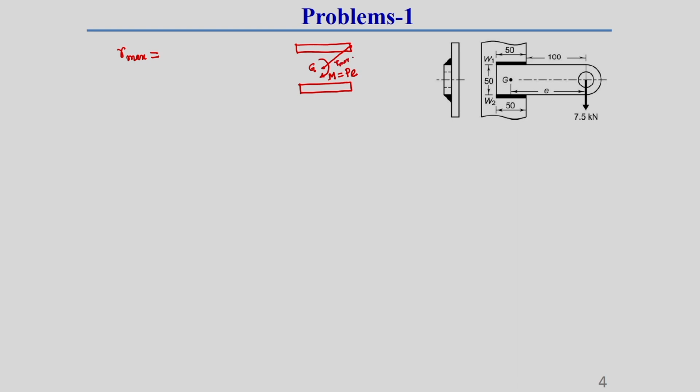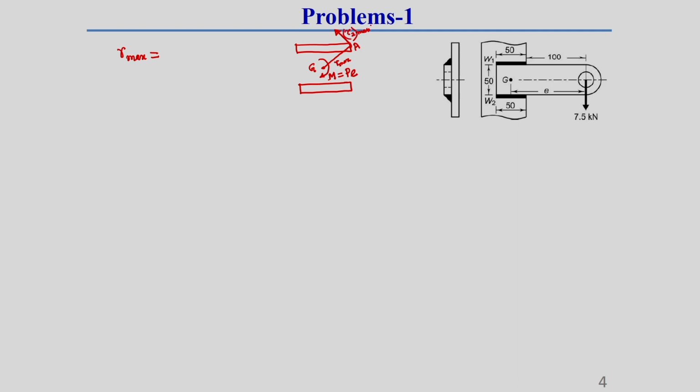The direction of tau max is always opposite to the direction of the moment, and always perpendicular to the radial distance from G to that farthest point. Let this farthest point be A. So, this is your tau 2 max.